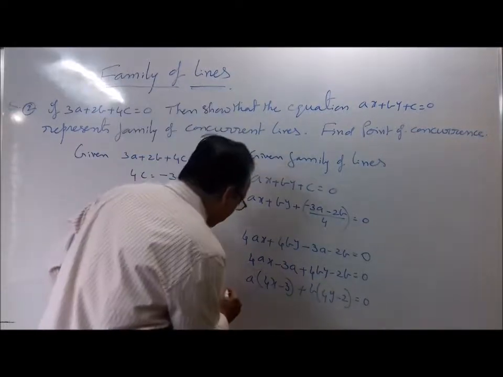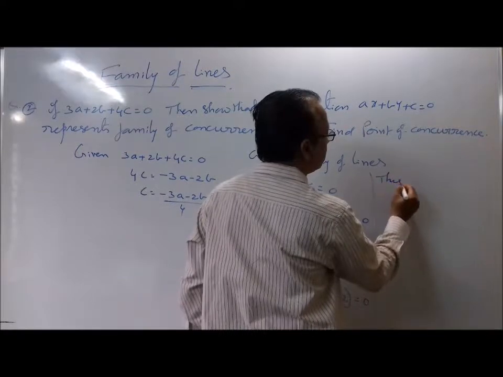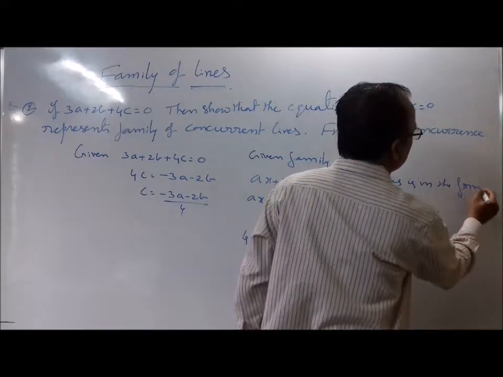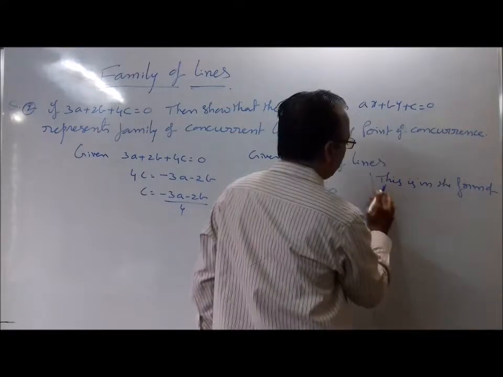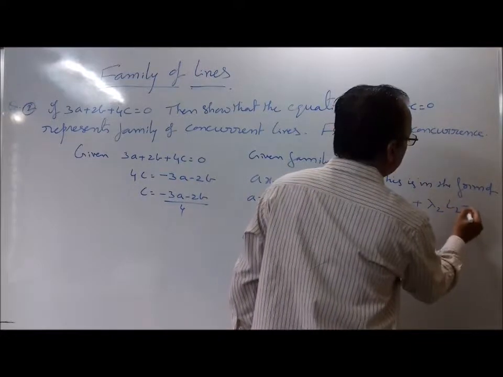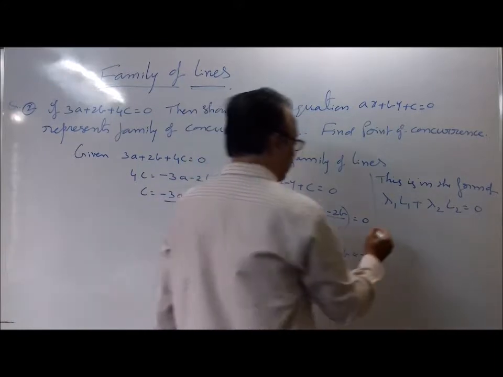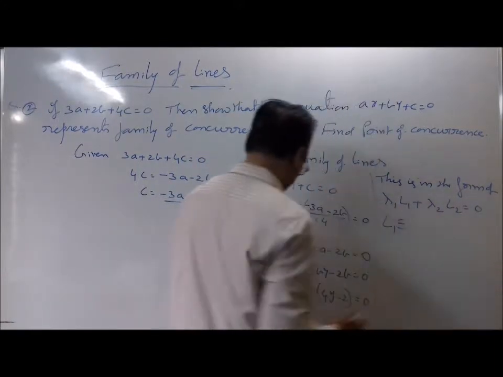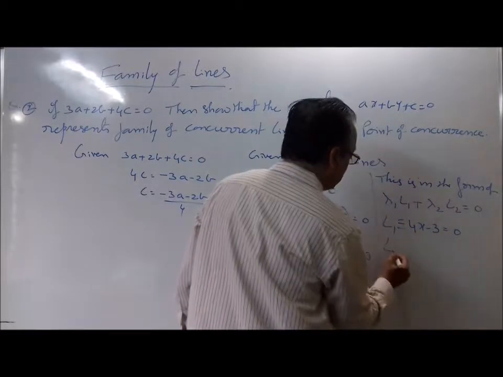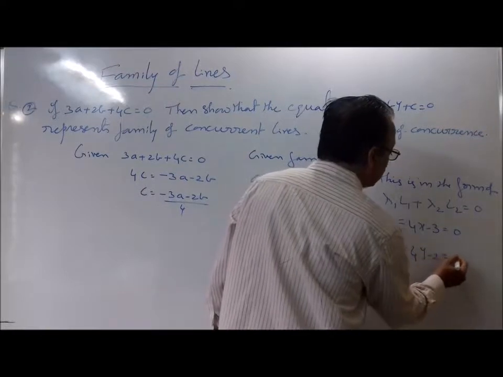See, this is in the form lambda 1 L1 plus lambda 2 L2 equal to 0, where a is lambda 1, b is lambda 2. So L1 I can say 4x minus 3 equal to 0. L2 I can say 4y minus 2 equal to 0.